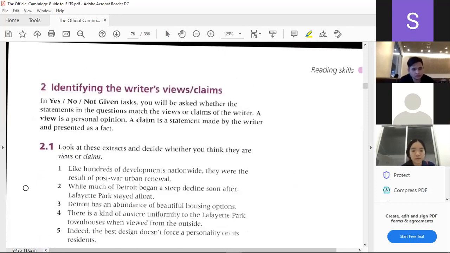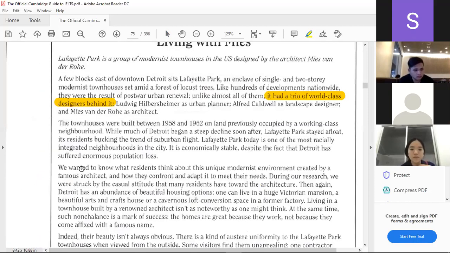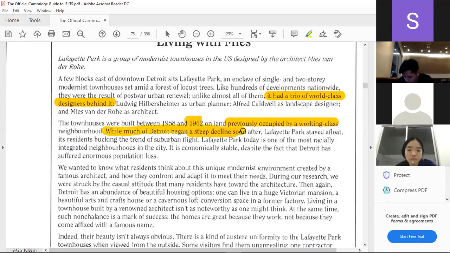All right, let's go back. So it's about 1962 when you find it right here. The townhouses were built between 1958 and 1962 on land previously occupied by a working class neighborhood. While much of Detroit began a steep decline soon after, Lafayette Park stayed afloat, its residents bucking the trend of suburban flight.